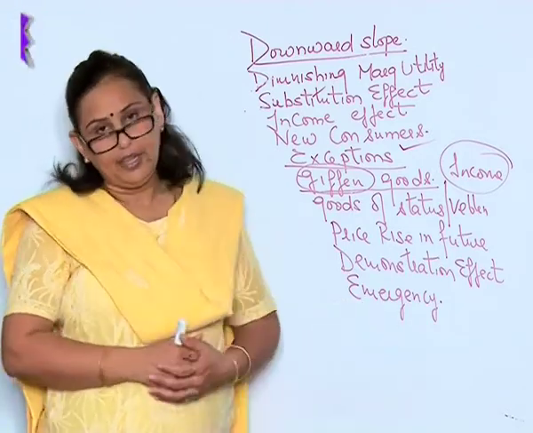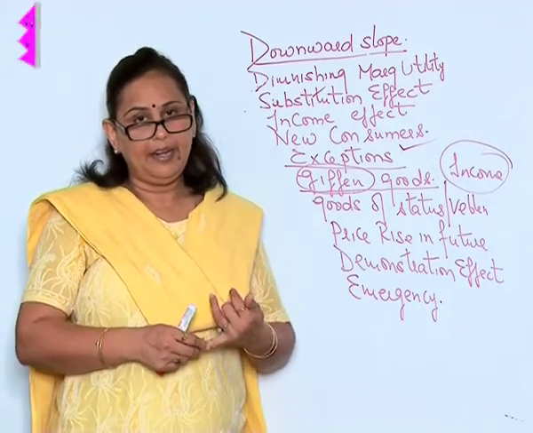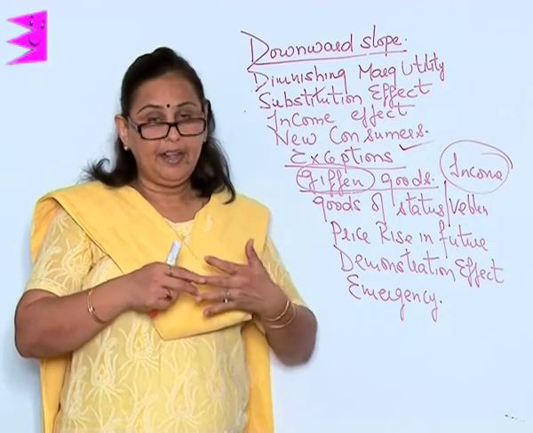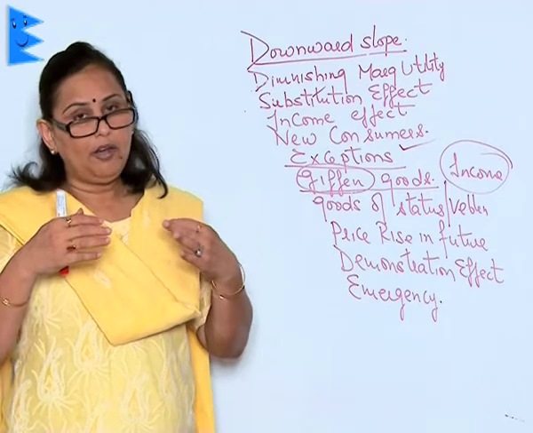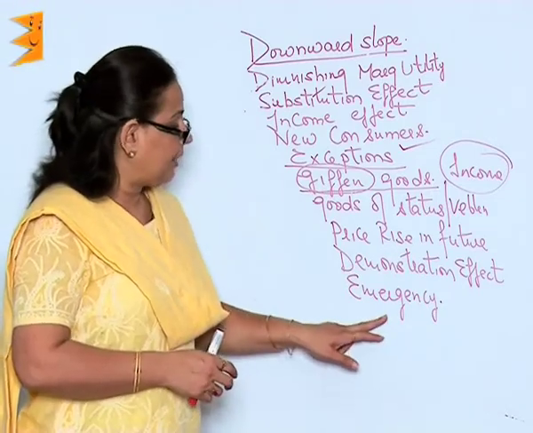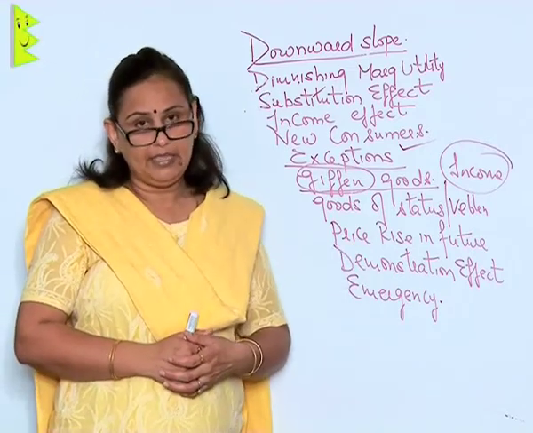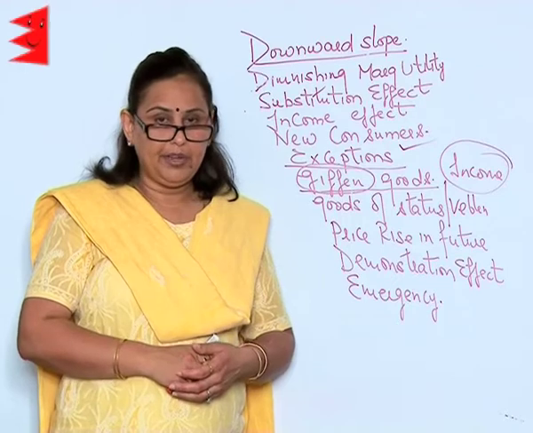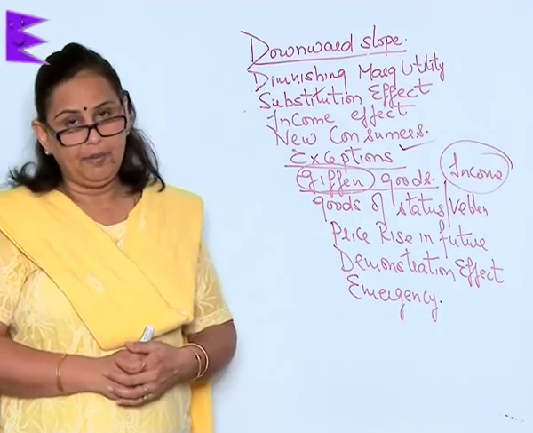Then of course, emergency. If a war is there, or a drought is there, a famine is there, or any other natural or man-made calamity hits, that is the time that people, in spite of the rise in prices, tend to buy the commodities because they fear that it might not be available.